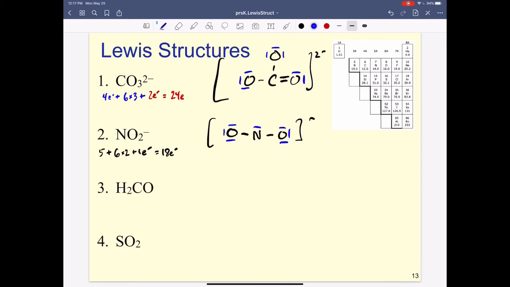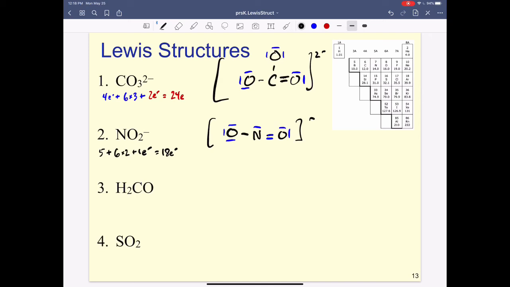That looks great from a symmetrical point of view, but you can see that your nitrogen in the middle does not have an octet. And again, perhaps you may have put your electrons all around the nitrogen, but you do see that of course your oxygen does not have an octet. Either way, we'll need to erase one of those unshared pairs and make a double bond to satisfy the octet for each atom and only use up 18 electrons.